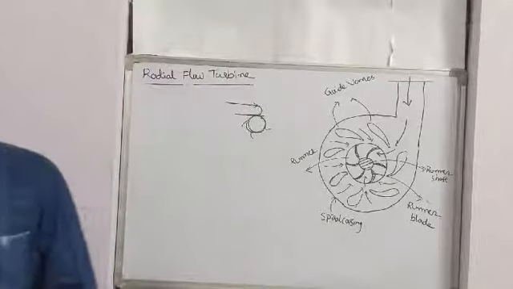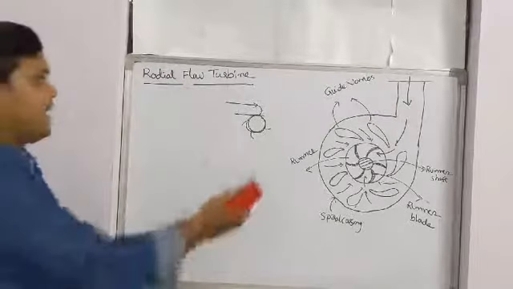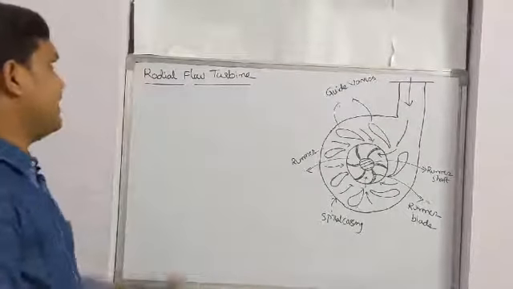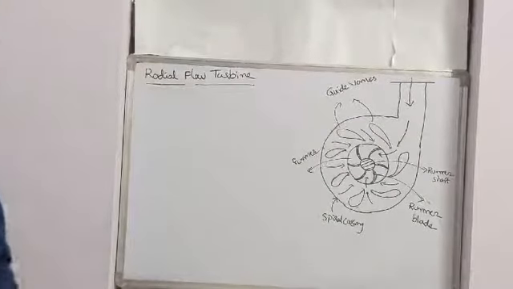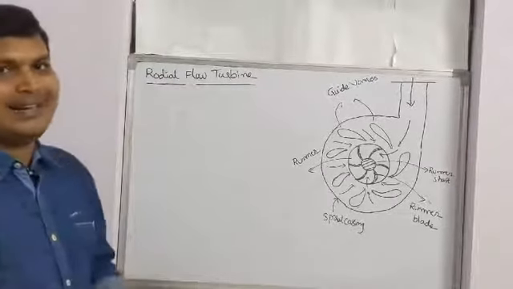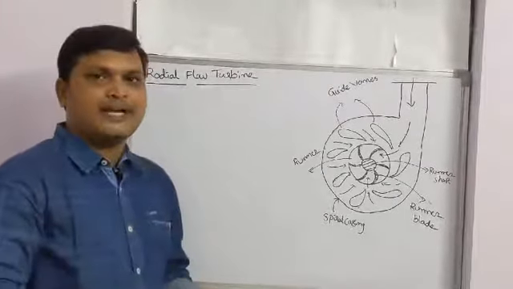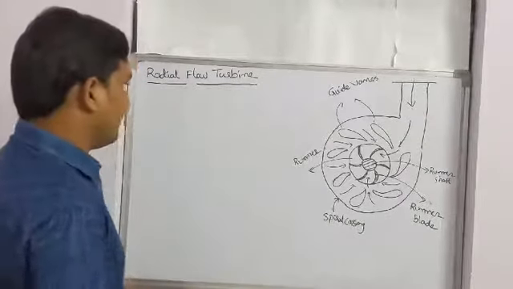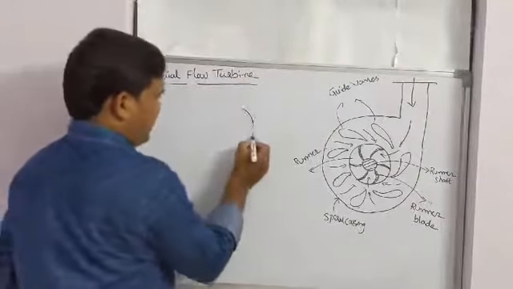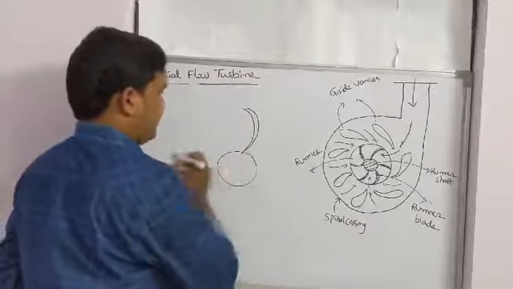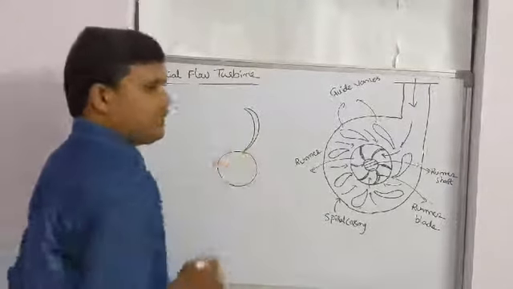In radial flow, the water enters the turbine radially. The direction of water flow is radial, meaning the water touches the blades of the wheel radially and leaves also radially. For example, this is a turbine runner, and this is a blade of the turbine runner.